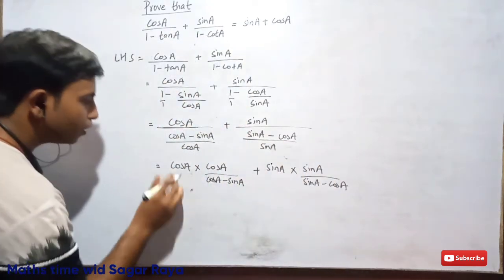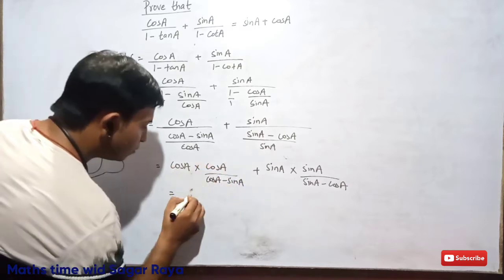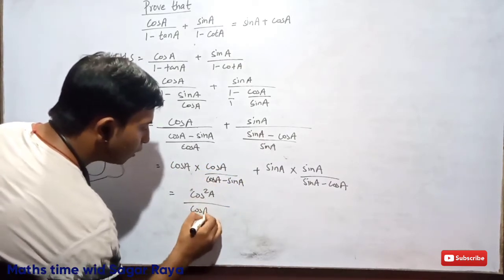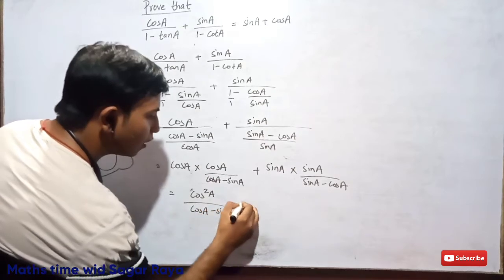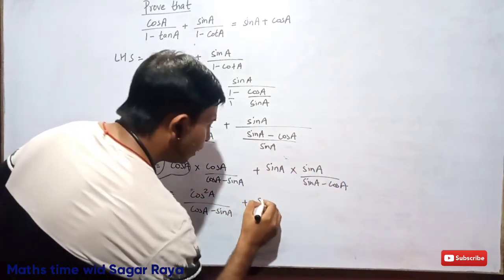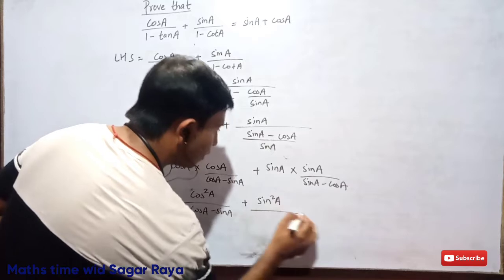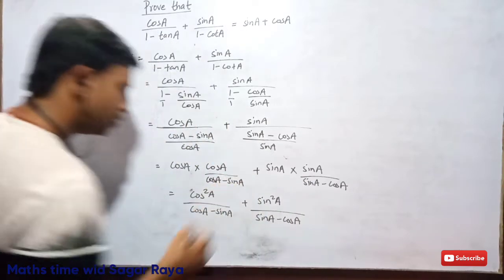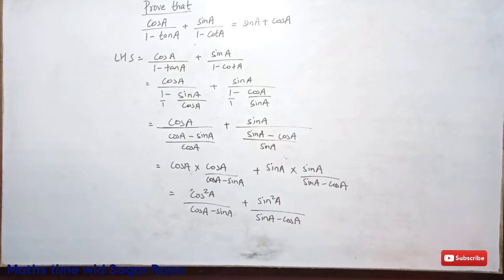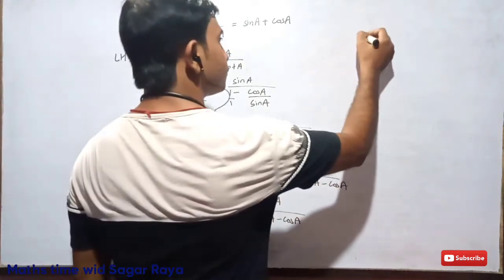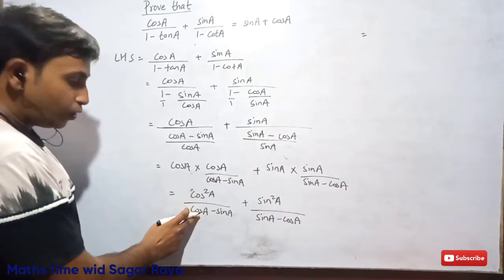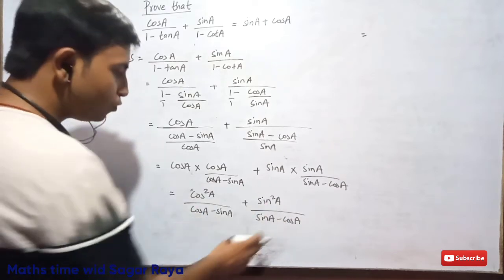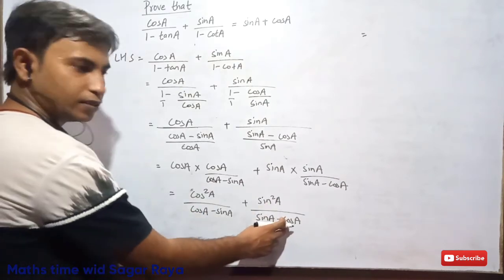So now we can multiply this cos A into cos A, and we can write cos square A over cos A minus sin A, plus sin A into sin A is sin square A over sin A minus cos A. Here we can see cos A minus sin A is given, but here sin A minus cos A is given, so we can take the minus sign common.